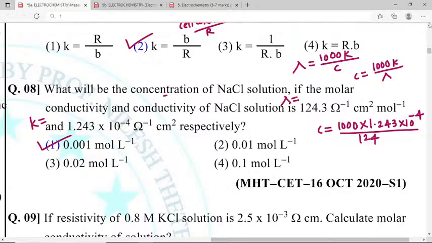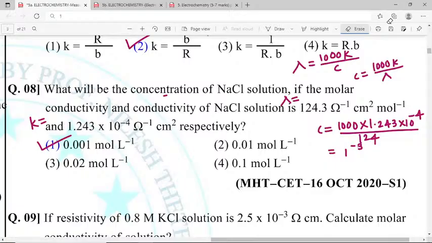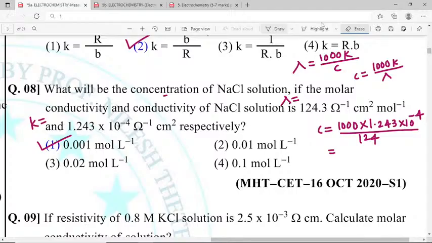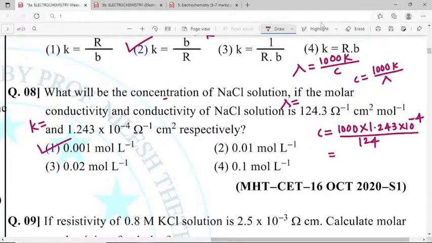So solve this question and we will get the answer. 1, 2, 4, 3, 1, 2, 3 get cancelled. The answer is 10 to the power minus 3.